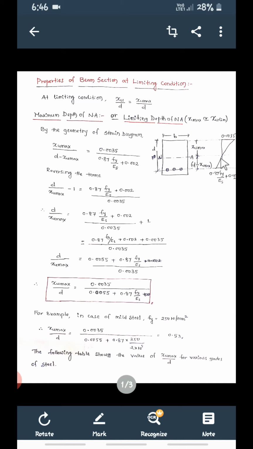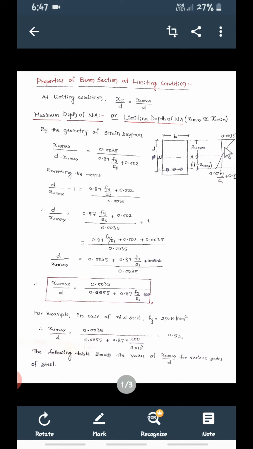Now there are two similar triangles, so we can use the properties of similar triangles. For the first triangle the depth is xu max, and for the other triangle the depth is d minus xu max.